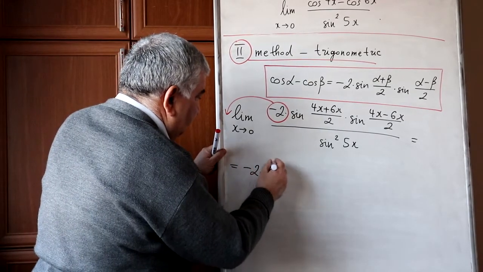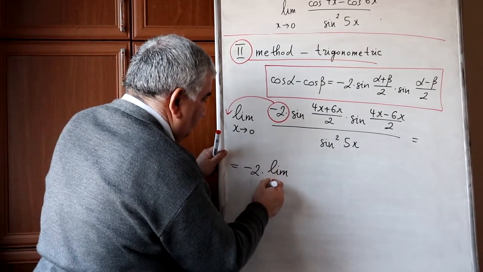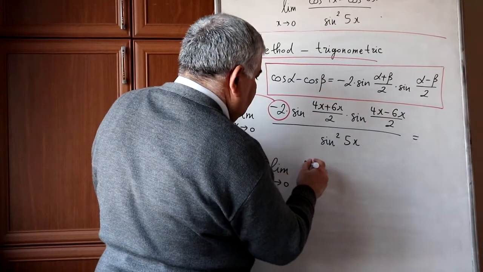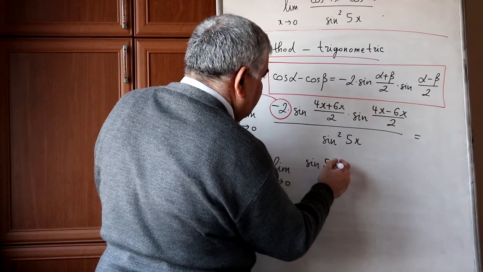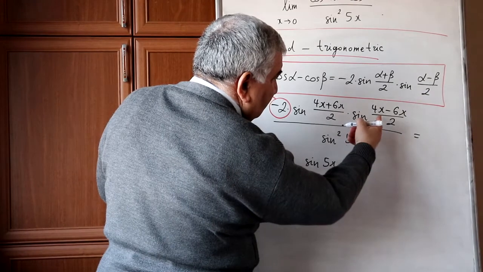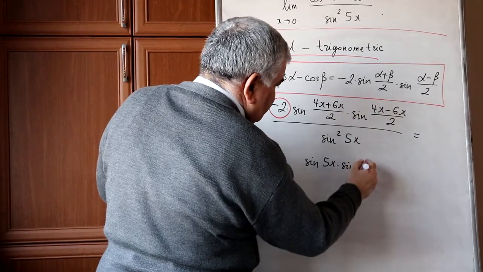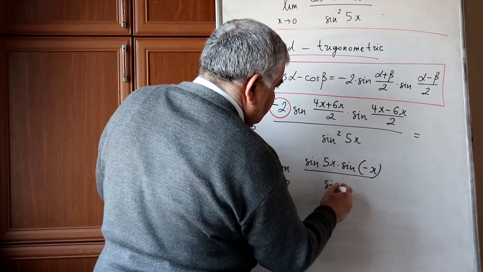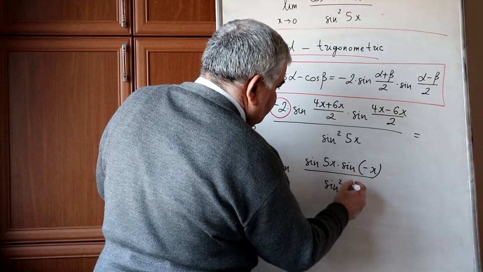Minus 2 multiplied by limit when x tends to 0, sine of 5x multiplied by sine of minus x, divided by sine squared 5x.